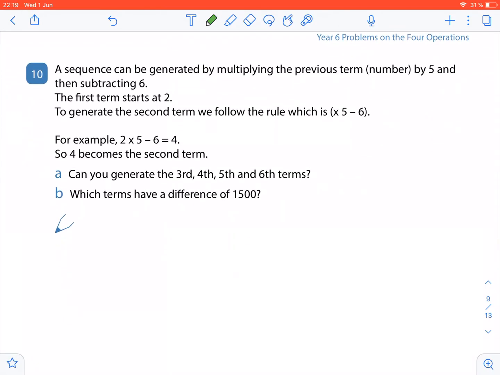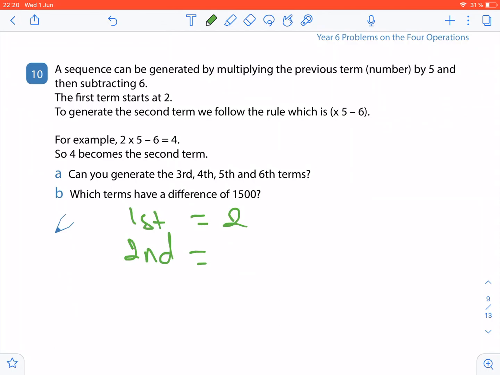Right, we're on the last one. Yippee! Right, last one then. A sequence can be generated by multiplying the previous term by 5 and then subtracting 6. The first term starts at 2. So then we can do the second term by doing 2 times 5, which is 10.